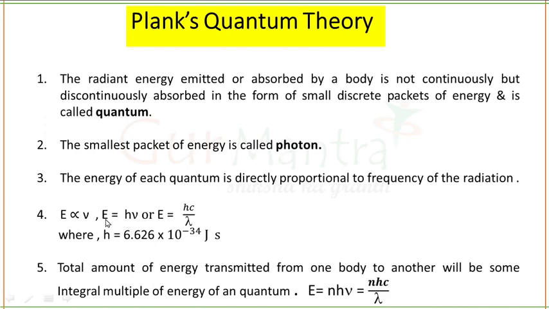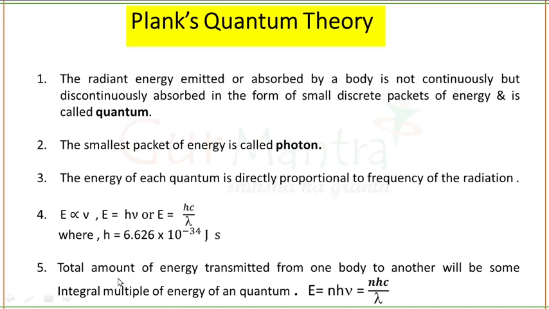So E is equal to h nu, and you also know nu is equal to c by lambda. Therefore, we get the result E is equal to hc by lambda. This is the final result of Planck's quantum theory. And the value of h is 6.626 into 10 to the power minus 34 joules second.